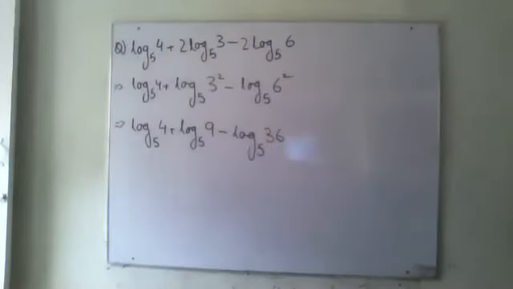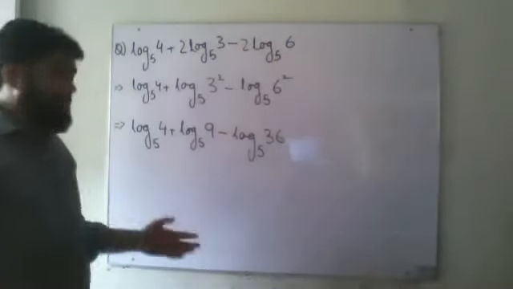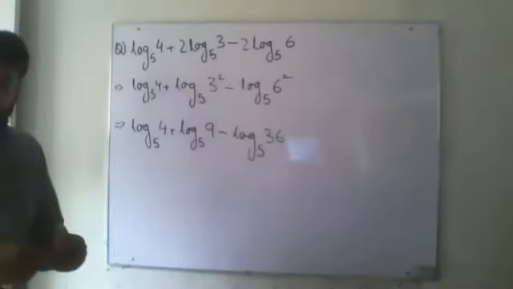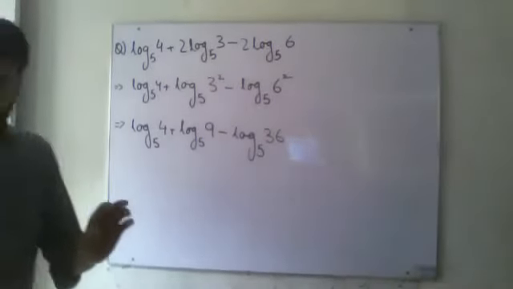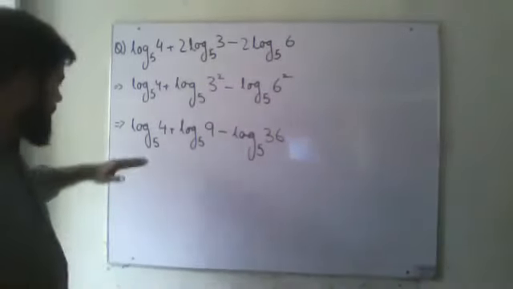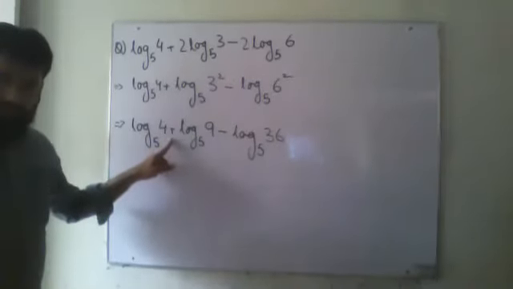Okay, now after this I have to apply the product rule and quotient rule over here because plus and minus both are there, but people get confused: should we first apply plus, multiply, or first go for the quotient? So what you have to do is go simultaneously. Over here a plus sign is there, right?